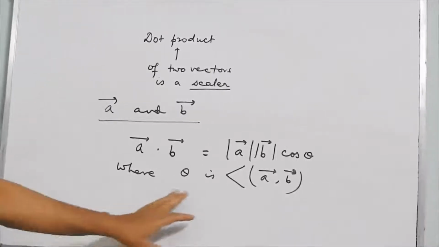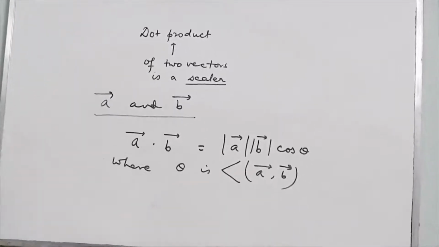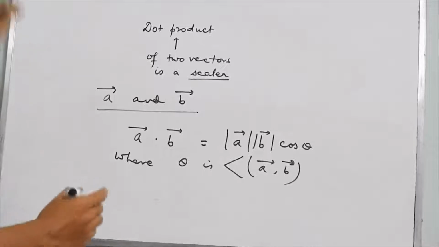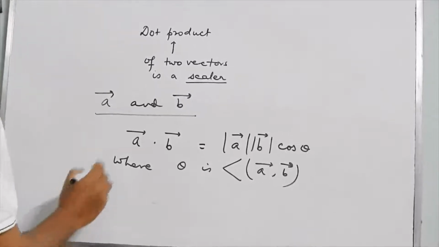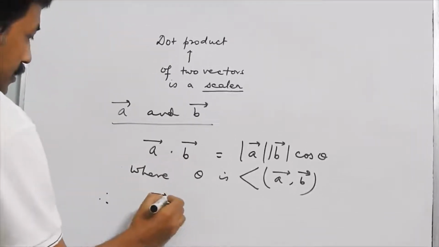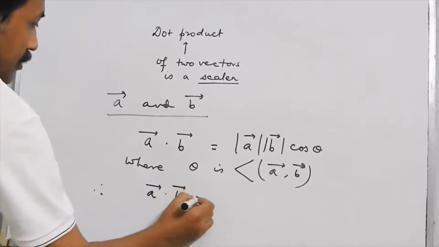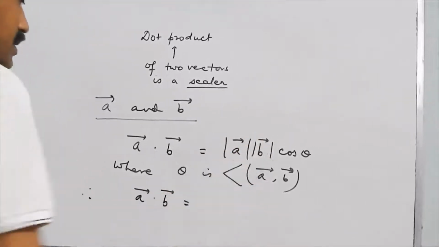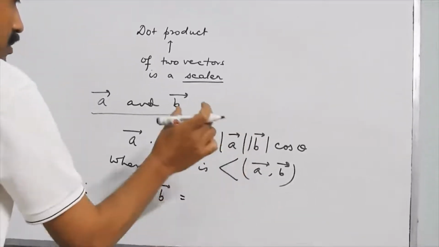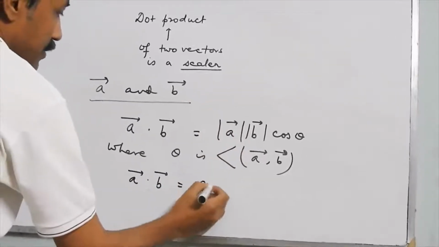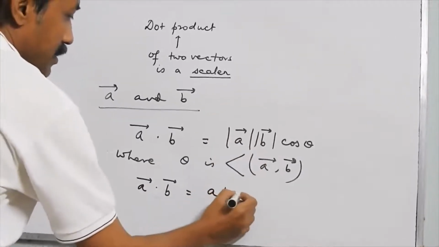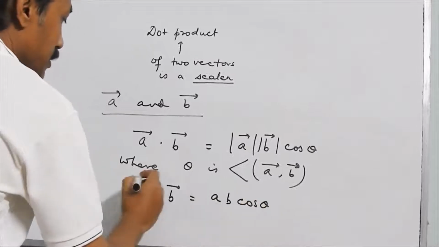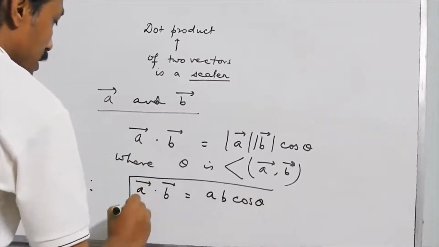I repeat, theta is the angle between a vector and b vector. So now you can write a vector dot b vector is equal to ab cos theta, because magnitude or modulus of a vector is a itself, and similar is the case with that of b. So this will be the definition of dot product.